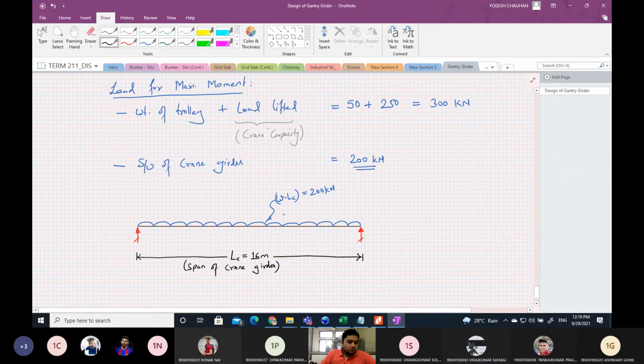Then the weight of the trolley and the load lifted. Now assume that the trolley has moved to the minimum hook approach distance.